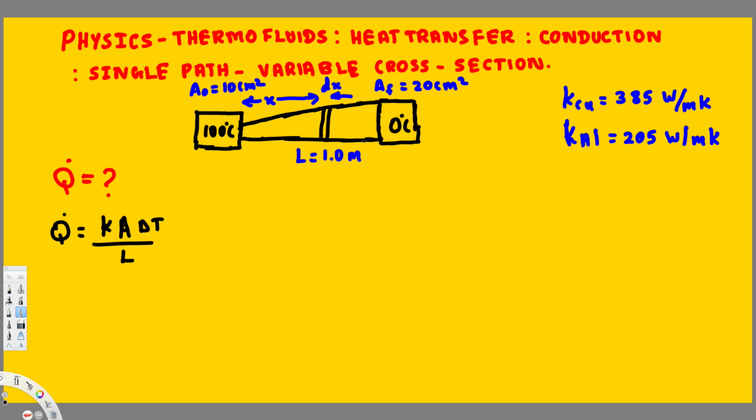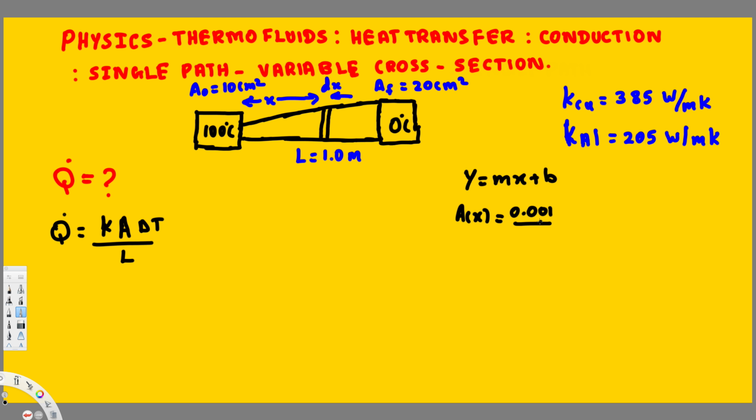So in this kind of problem, what we do is we take area as a linear path, like y equals mx plus b. So we express it in terms of this. If we take area as our y value, that's going to be equal to slope. The slope is going to be the difference of this area, 20 minus 10, that's going to give us 10 centimeters square, which is equivalent to 0.001 meter square, right?